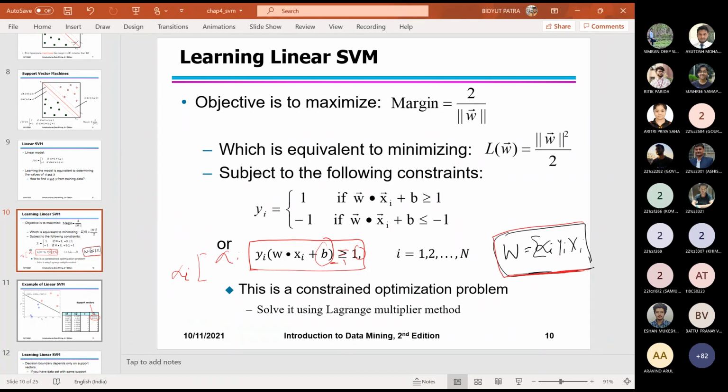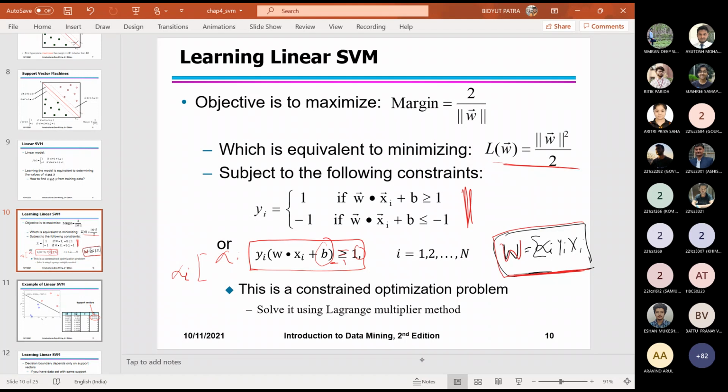Okay, so now what we'll do, we'll learn through an example. Okay, so let's say what we got in last class. We had the objective function that needs to be maximized, 2 by w, and then finally we got this one with this following constraint, and then we got the equation w equal to summation over alpha I yi xi.